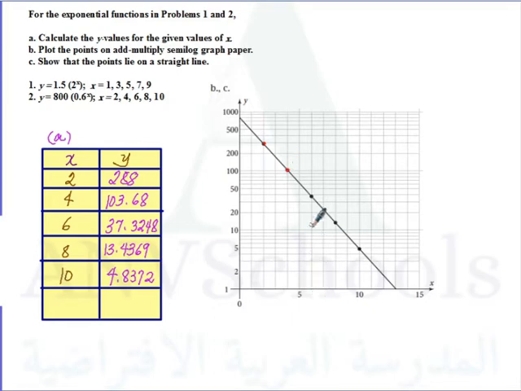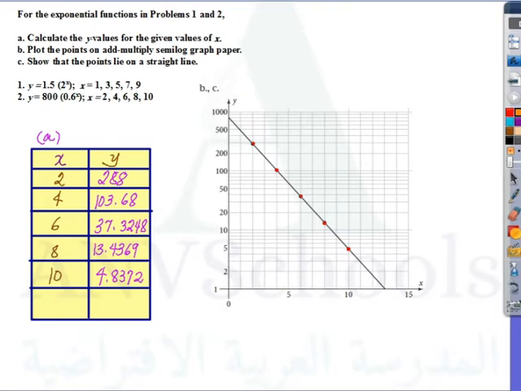Then 6 and 37.3248, so it's going down, it's decreasing. And 8 and 13.4369, so it's here. And then 10, it's 4.8372, so it's a little below y equal to 5.